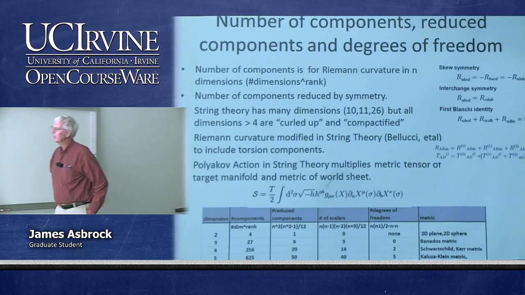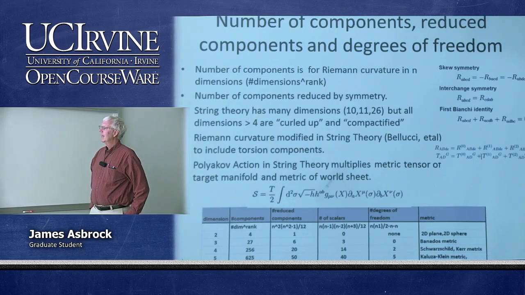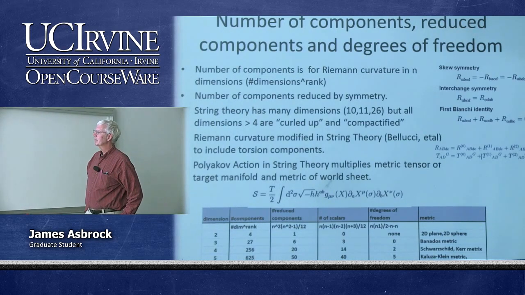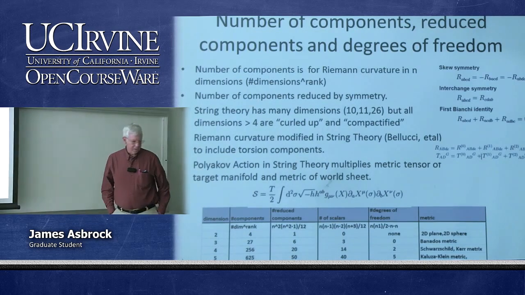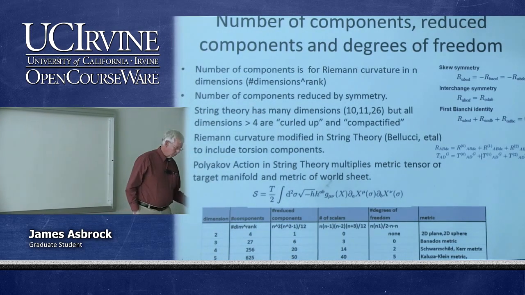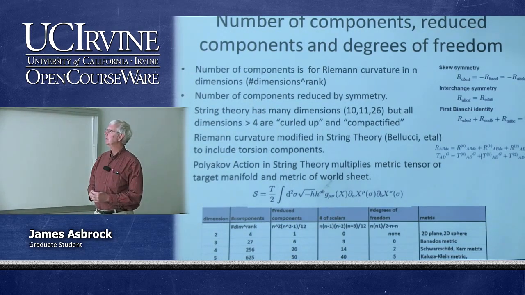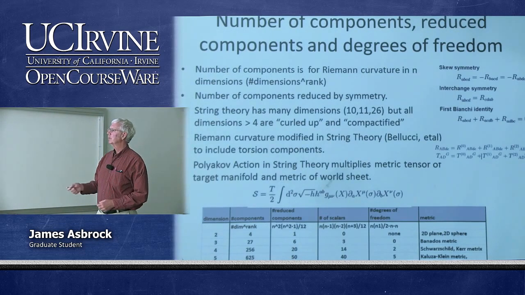Can you go through the terms? It does have a metric, right? Yeah. Actually, it has 2 metrics there. One of the metrics is of the target manifold, which I think is the H, and the other metric is the standard G of the world sheet or the world line.